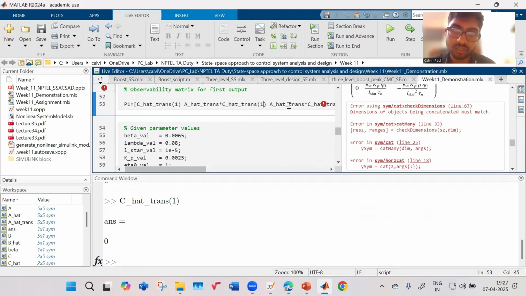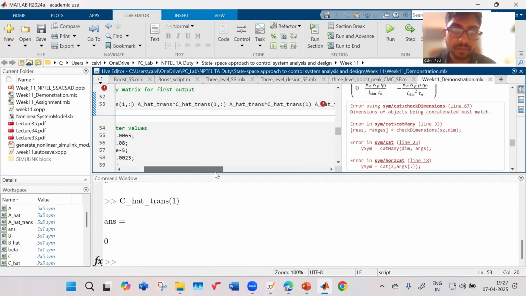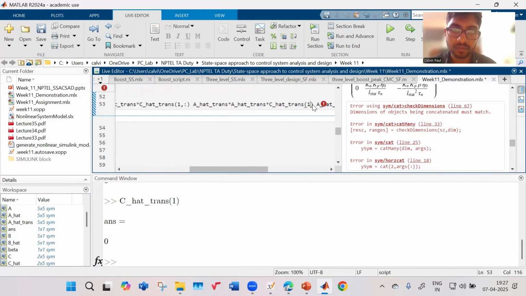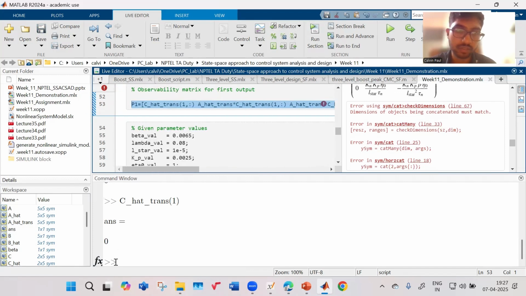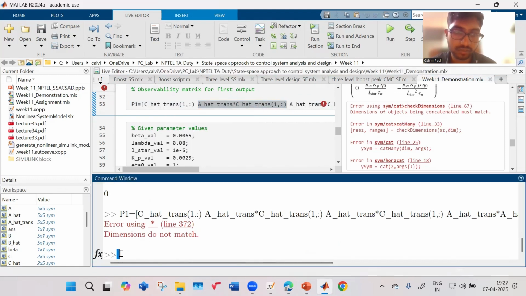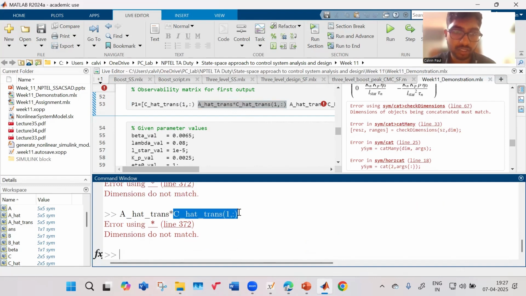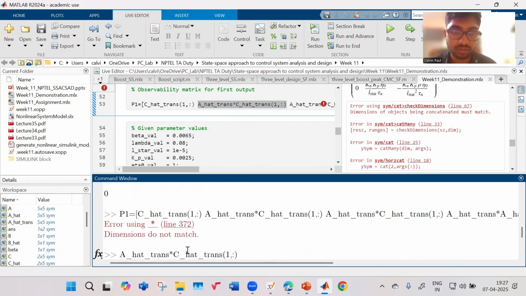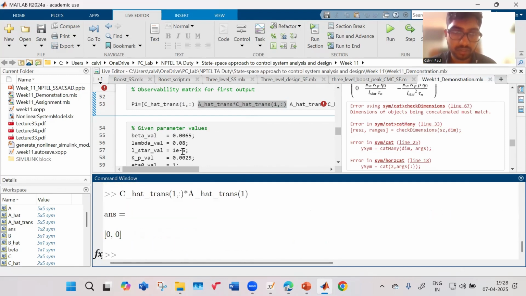C hat transpose, the first row. That should be the first row. Doesn't matter. So it should be C hat transpose 1 into A hat. This one. So this is one.